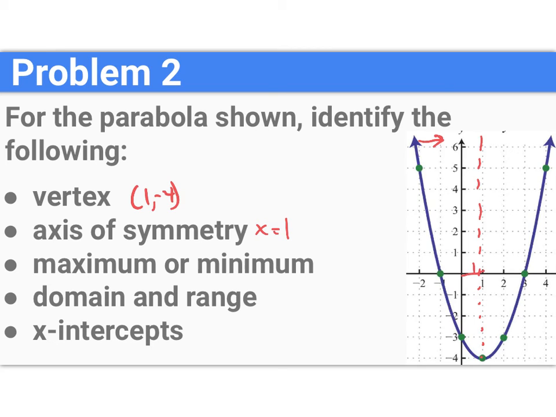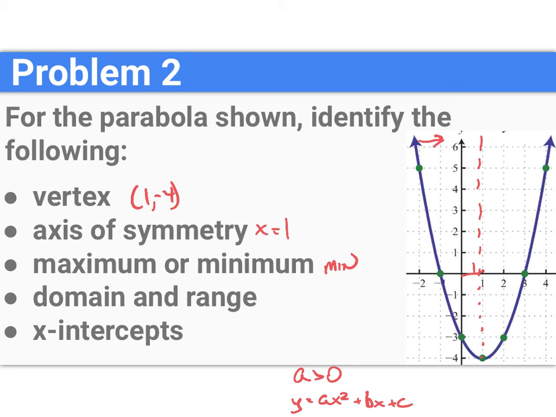Do we have a maximum or a minimum? We have a minimum, because the parabola opens up. I know that a is greater than 0 in y equals ax squared plus bx plus c. The domain and range.